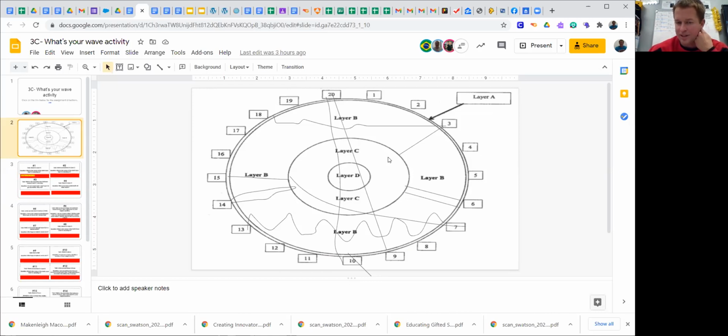Because what is the outer core? Is it a solid, liquid, or gas? The outer core is a liquid, okay? So the liquid does not allow the S waves to travel through that.